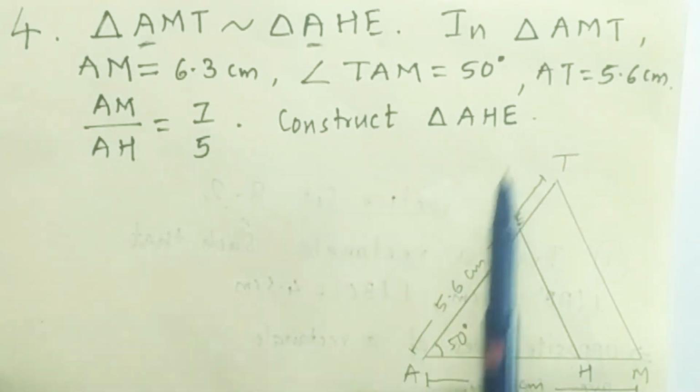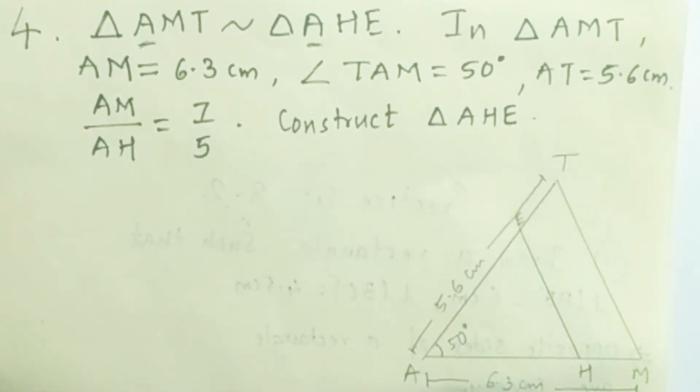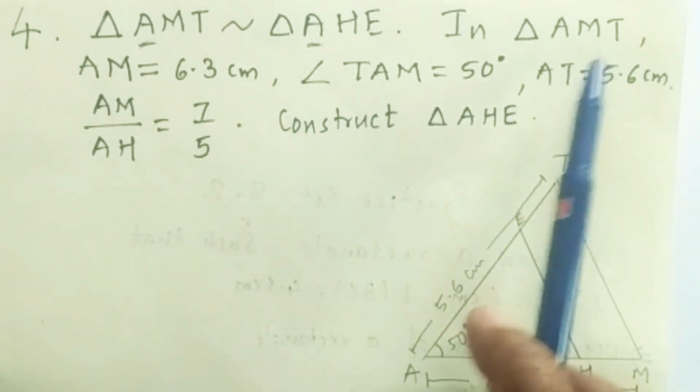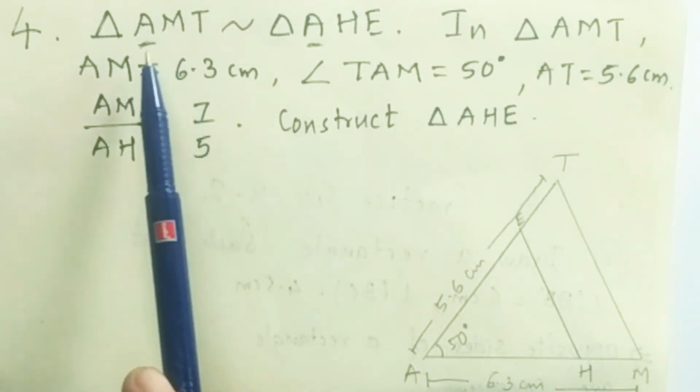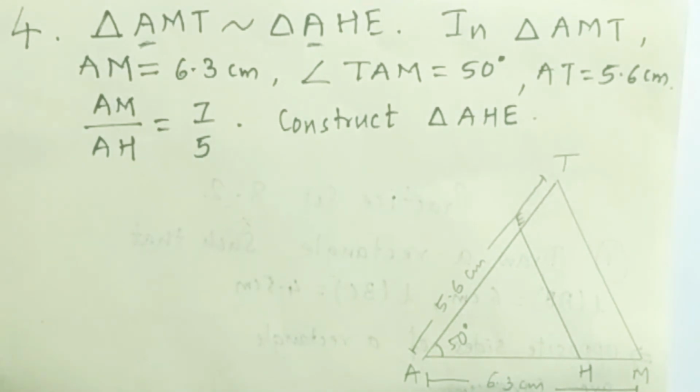Construct triangle AHE. So first we'll construct triangle AMT since the measures of the triangle are given, and then with the help of geometrical instruments we'll construct triangle AHE. See, this construction is the same as the second example where there is a common vertex in both the similar triangles.